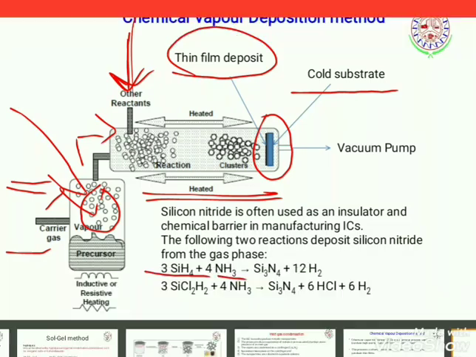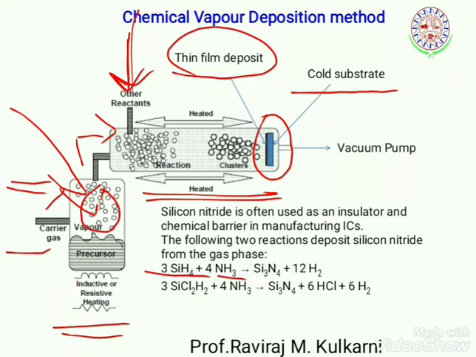Now the reaction takes place, and that will deposit on the substrate here. You can use silane or dichlorosilane. Reaction with ammonia gives silicon nitride. So silicon nitride films can be produced by the chemical vapor deposition technique.